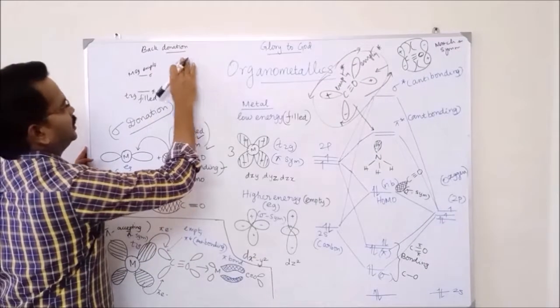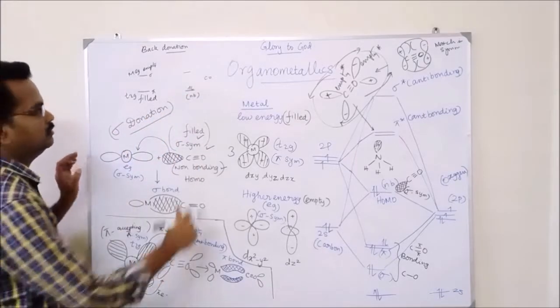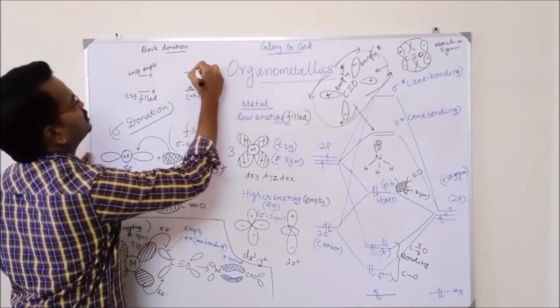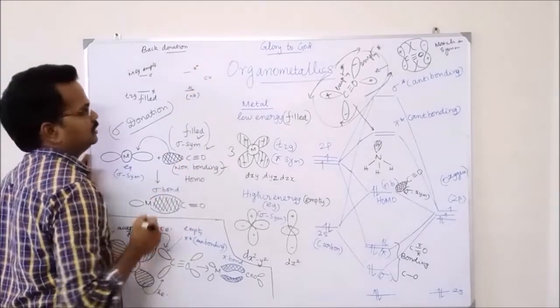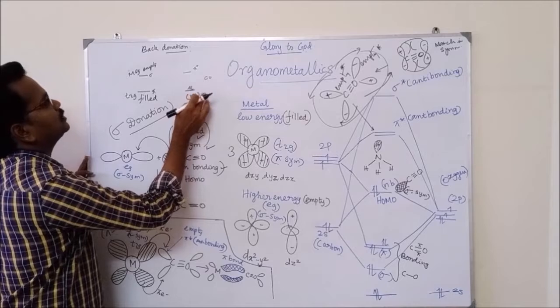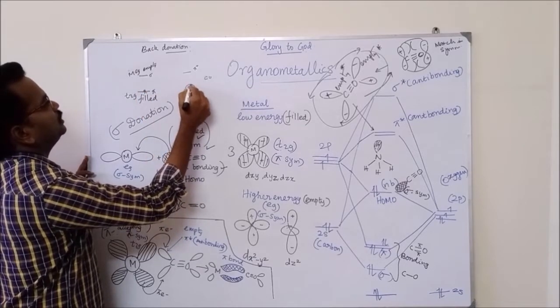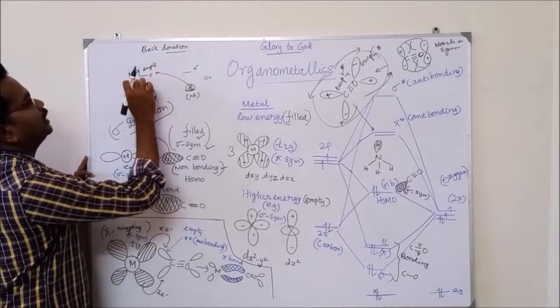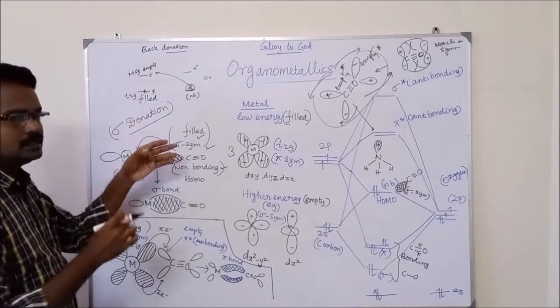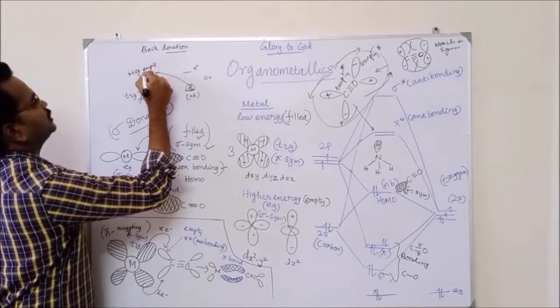For the carbonyl we have one non-bonding orbital filled with electrons, and one pi star antibonding orbital that is empty. Now the non-bonded electrons of the carbonyl donate their pair of electrons to the antibonding, highest energy orbital of the metal, so it is getting filled.